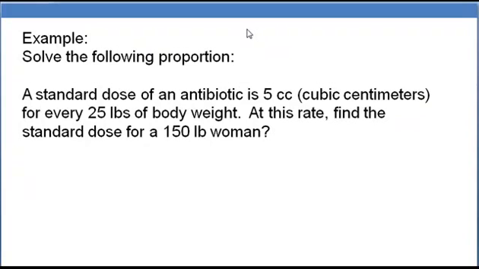For our next example, a standard dose of an antibiotic is 5 cc's, cubic centimeters, for every 25 pounds of body weight. At this rate, find the standard dose for a 150-pound woman. So we're going to write our proportion, and we want 5 cc's for every 25 pounds.